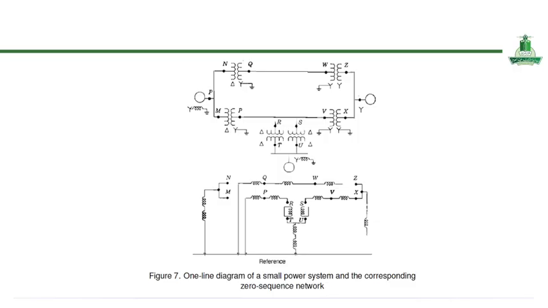In this network, only paths that allow zero sequence currents, typically those involving grounded neutrals or delta windings, are retained, and the reference ground is clearly indicated, emphasizing its importance in zero sequence analysis. This representation enables you to systematically study fault behavior and calculate fault currents by isolating the zero sequence components of the system.